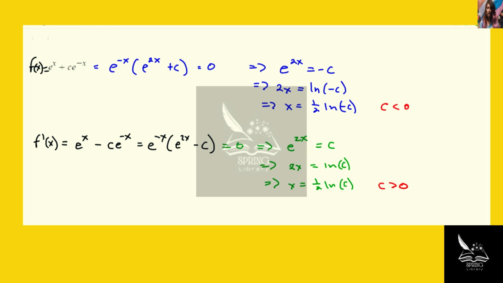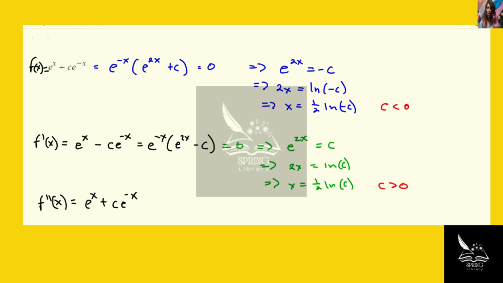Or actually, we can see that when we start to graph. All right, so for the second derivative, we'll get e to the x, and then again we change the sign, so it'll be plus c e to the negative x.